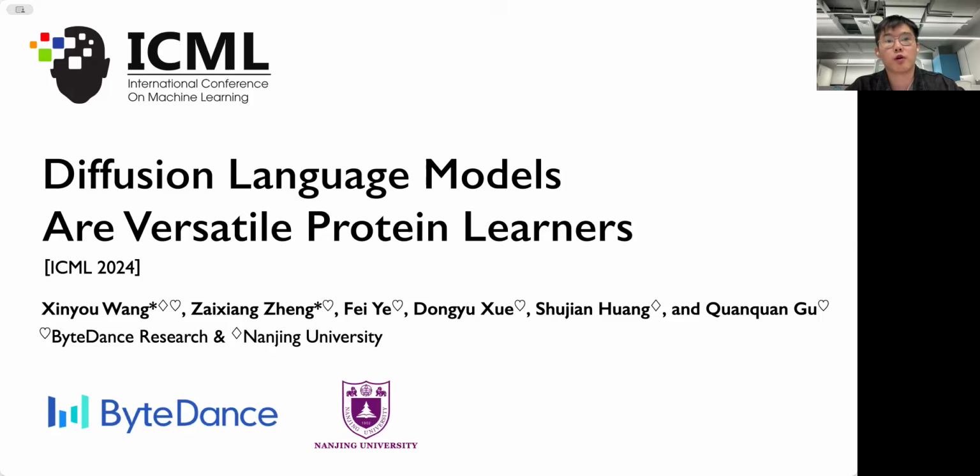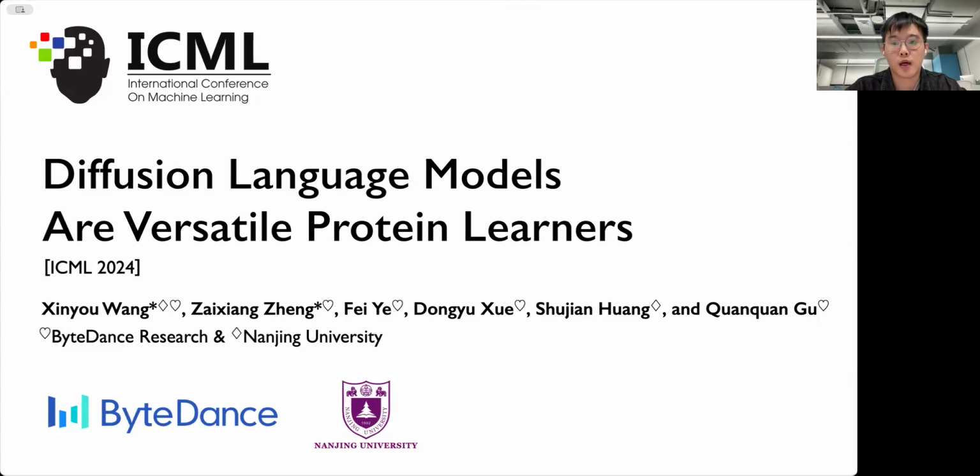I'm Zaixiang from ByteDance Research, and I'm very happy to be here today sharing our recent work combining diffusion models, discrete diffusion models, and language models for protein language models. These are the two driving forces of recent generative AI.